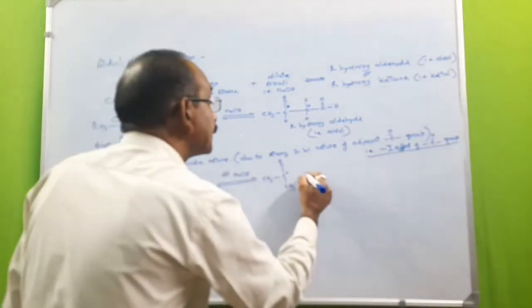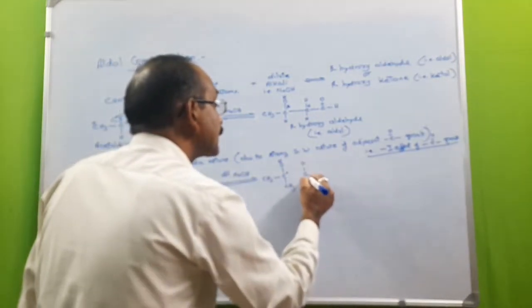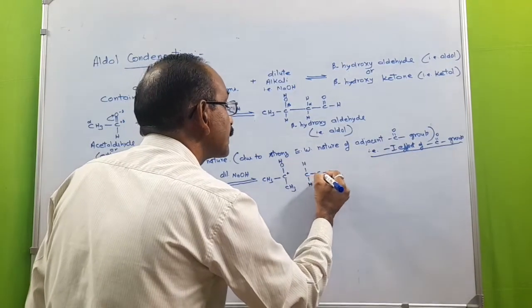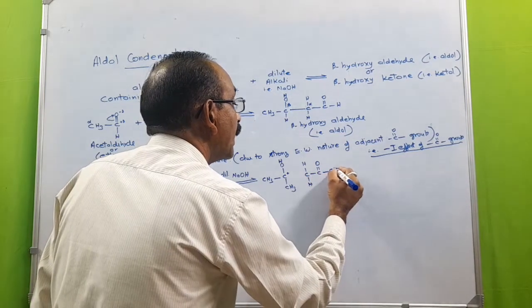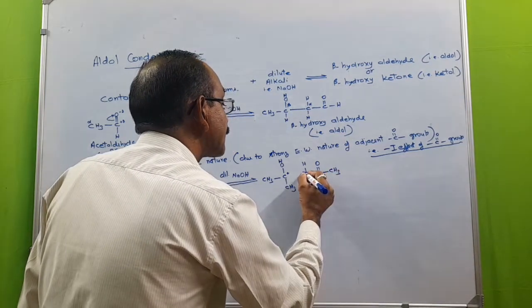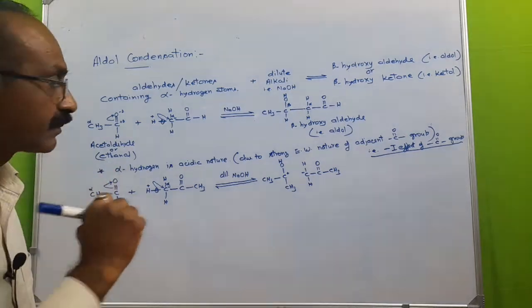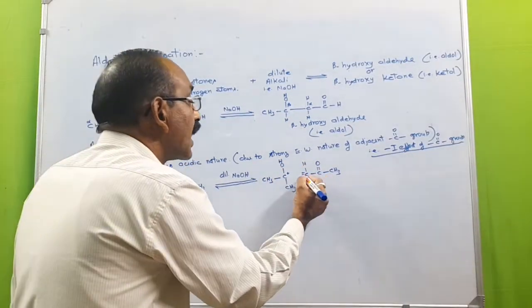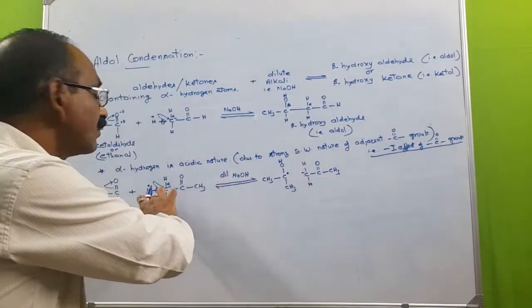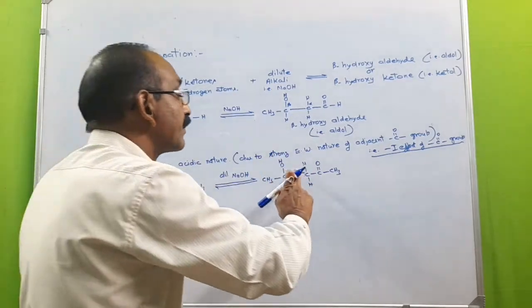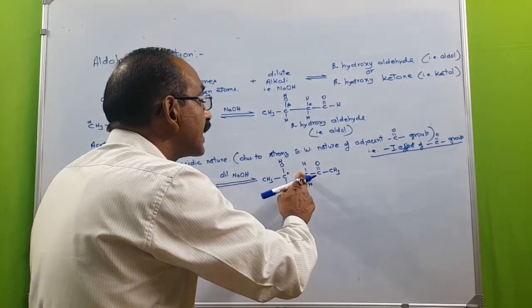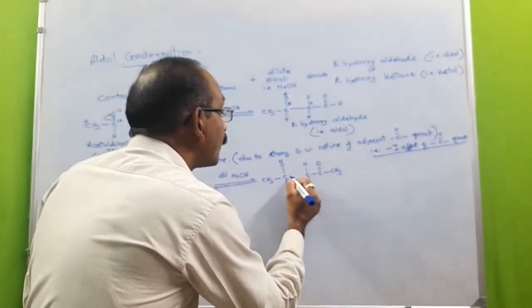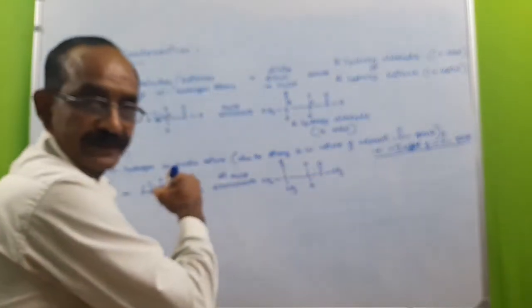Now the remaining species is CH2, C double bond O, and CH3. This carbon is negatively charged as the 2 electrons of the C-H bond shifted over the carbon. Now this electronegative carbon will form a bond with the electropositive carbon.